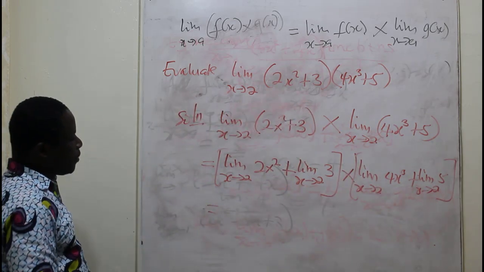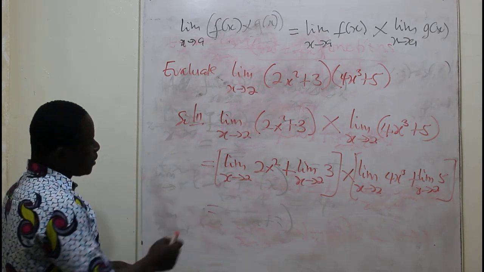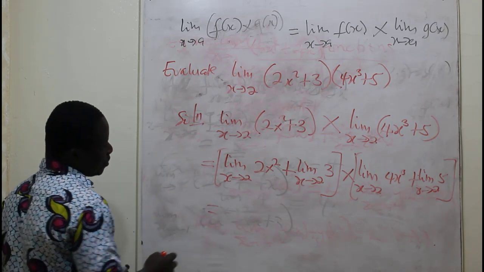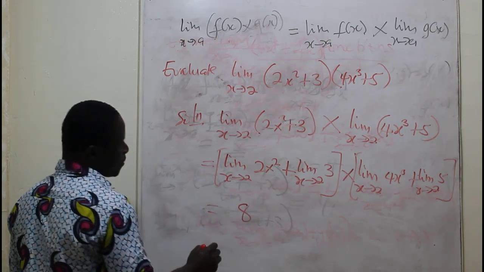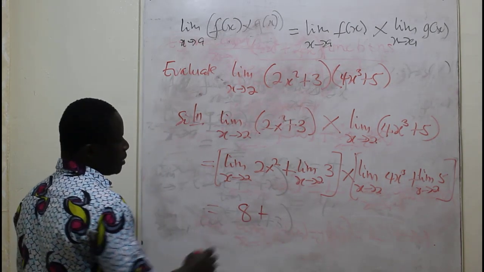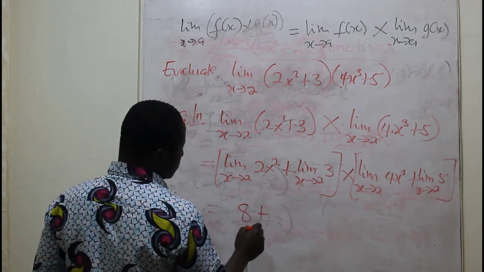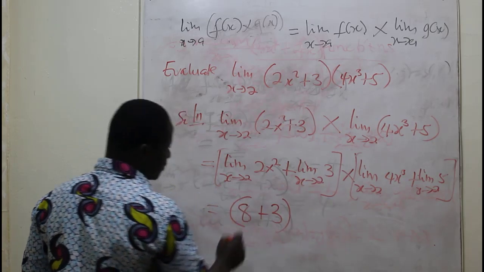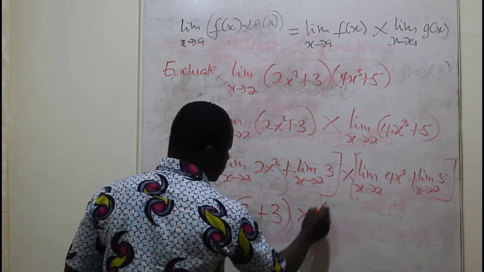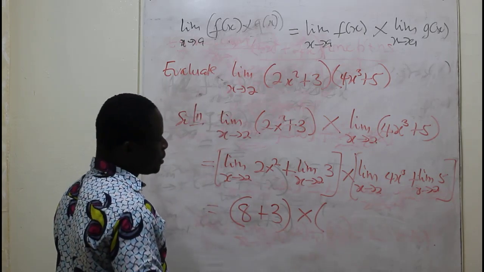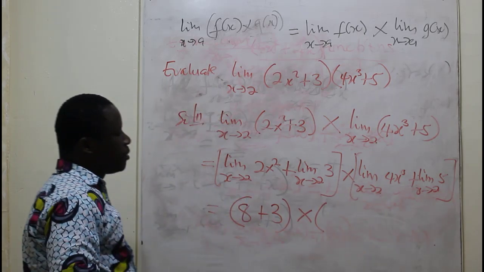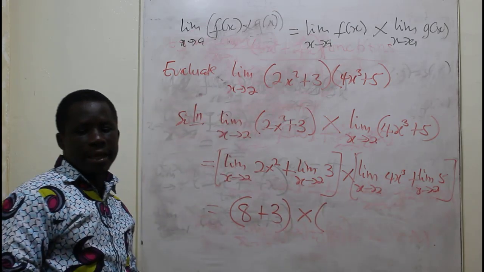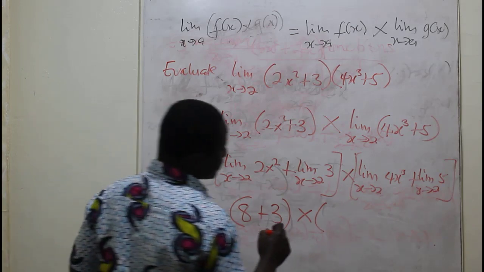It implies that as x approaches 2, the first function approaches 2 times 4, which is 8, plus the limit of a constant, which is 3, times, as x approaches 2, we have 2 cubed, which is 8. 8 multiplied by 4, the answer is 32.